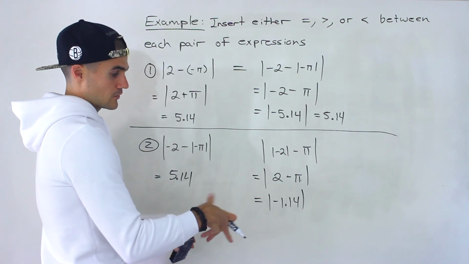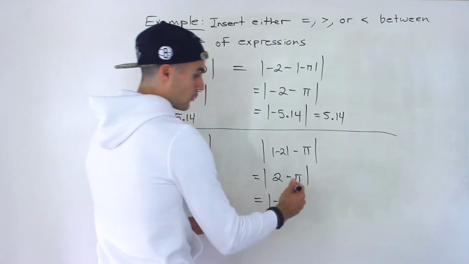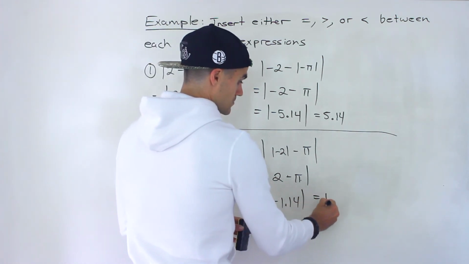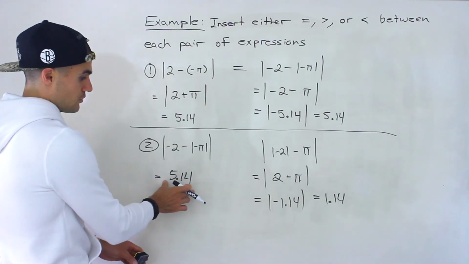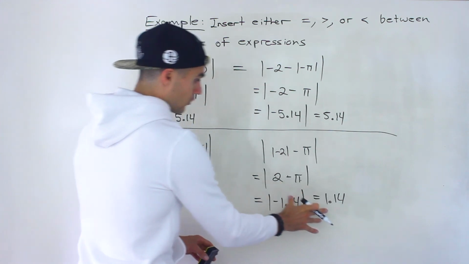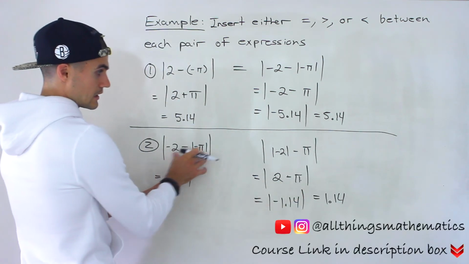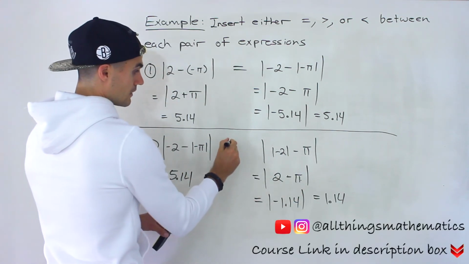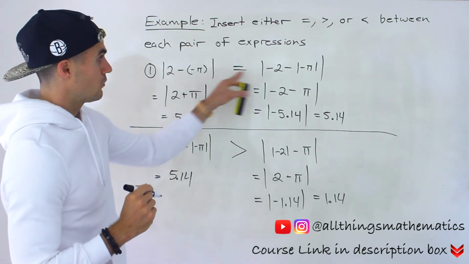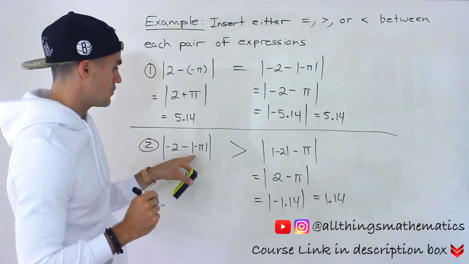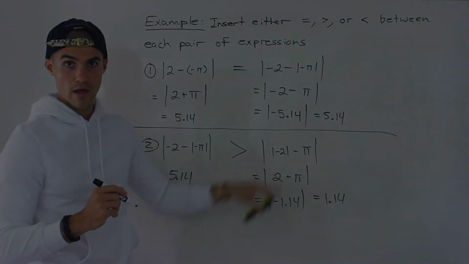And what's the absolute value of negative 1.14? Any negative value, it's just the corresponding positive value. So this is 5.14, this is 1.14, and so this is greater than that, and so we would put the greater than sign right there. So in number 1, both of these were equal. In number 2, this expression was greater than that one.